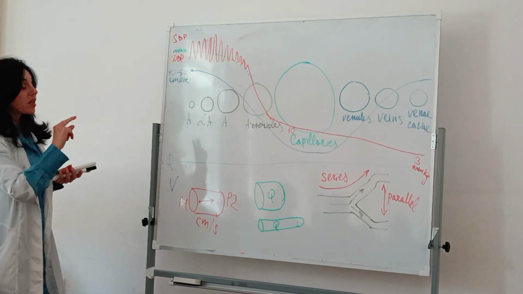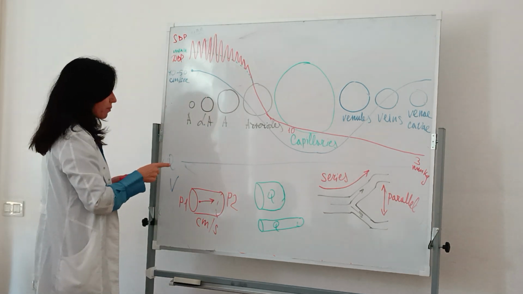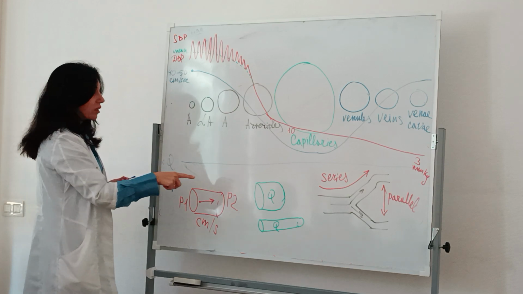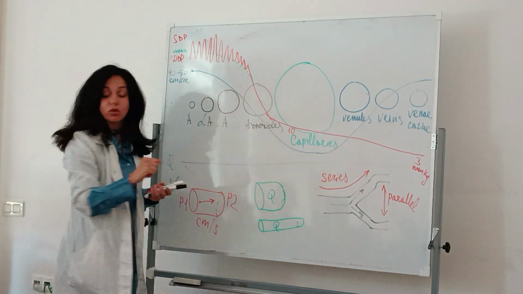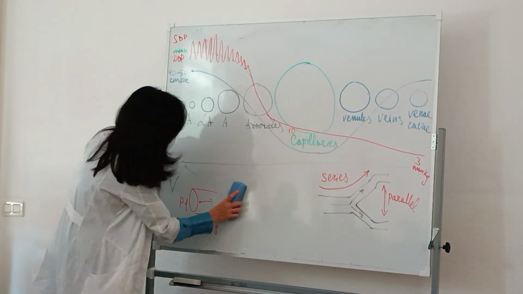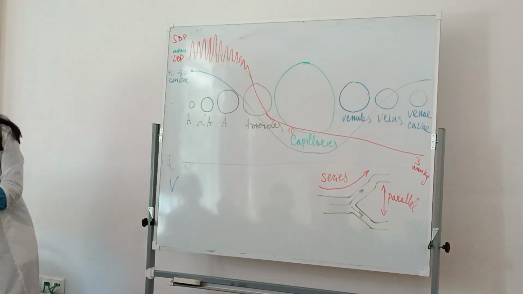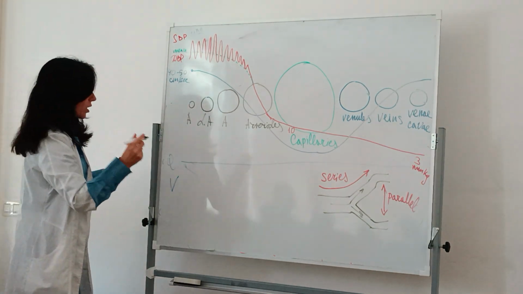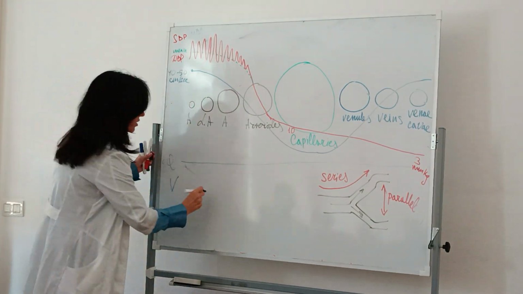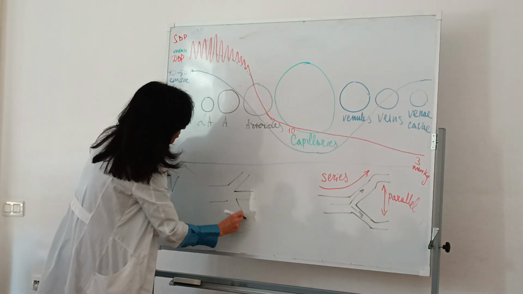Here, there are some laws at work. For example, what happens with Q depending on series or parallel resistance? I will explain again. Microcirculation, local circulation, local blood flow. Parallel resistance. One blood vessel divided into three branches.